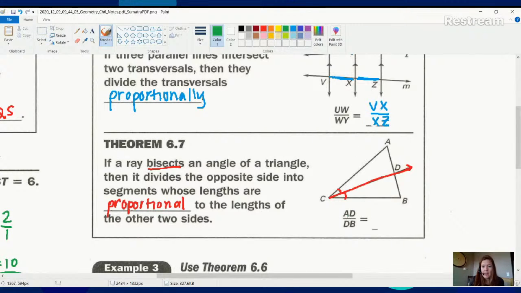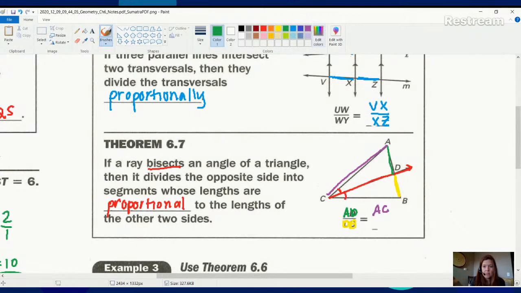So you've got AD right here, over DB. I feel like this one's the trickiest one to get the right segments. AD over DB equals AC over, what color didn't I use yet?